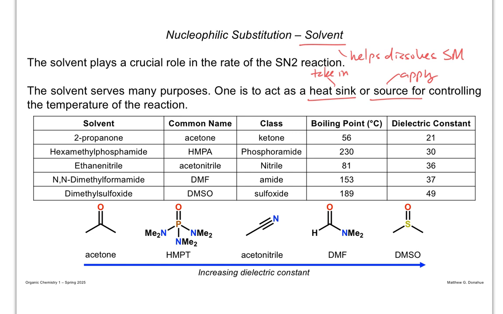So notice the structures of the solvents shown. These are classified as polar, so they have polar functional groups, and they're also classified as aprotic. Aprotic means without an active hydrogen, so without, say, OH or NH.